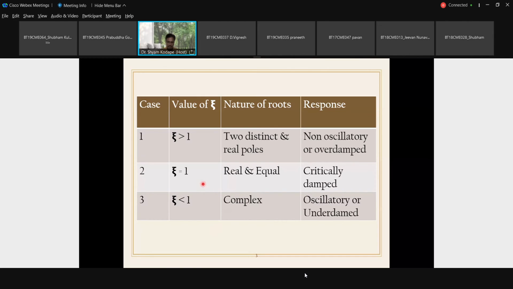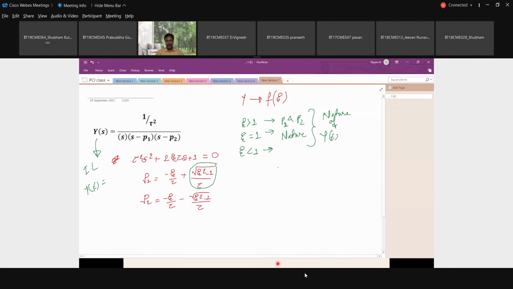Substitute psi greater than 1, say it is 2. Here put 2, here 1, here 1 below, so 0.8.